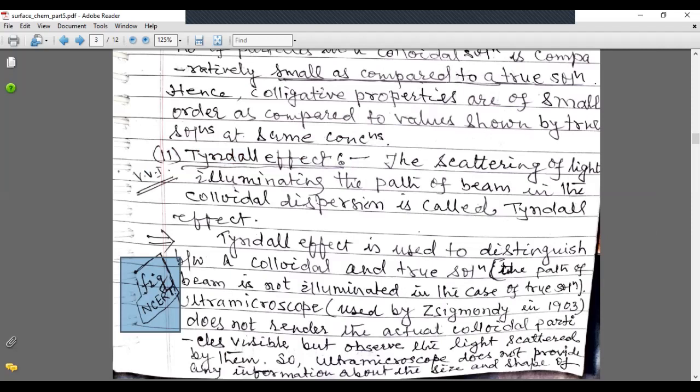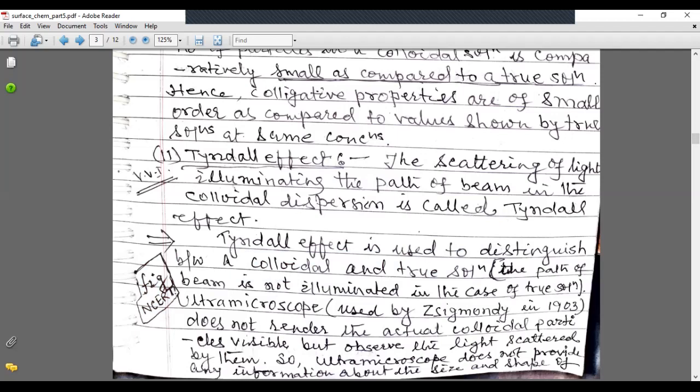This effect is used to distinguish between a colloidal and a true solution. In a true solution, the size of the solute particle is too small to scatter the light, and because of that, we won't be able to see the path of the beam.